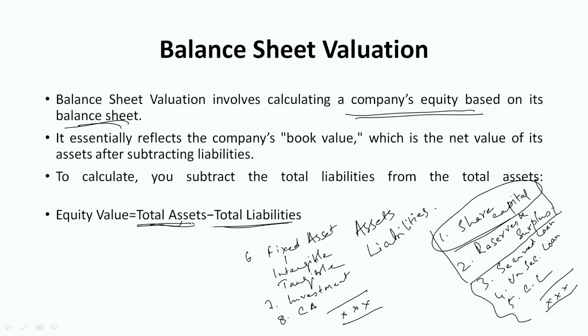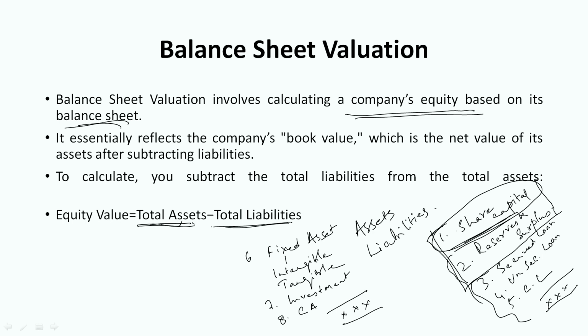Or I can include even reserves and surplus, because it is that proportion which is to be shared among equity shareholders. If I include that also as liability, then I can find out the amount of equity shares the company has got from the public. But under normal circumstances, we do not do so.